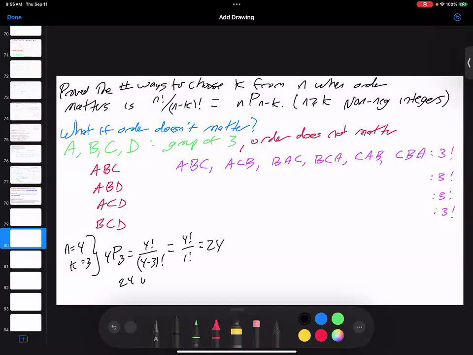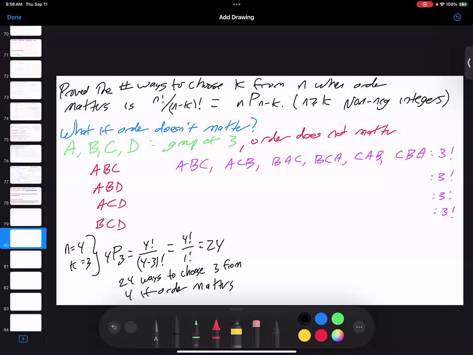But what we see is for each choice of 3 people, when order doesn't matter, there's 3 factorial or 6 ways to order them.